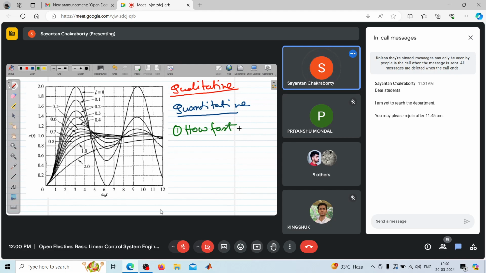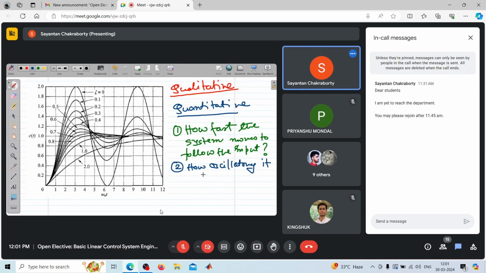how fast the system moves to follow the input. The next question, how oscillatory it is.